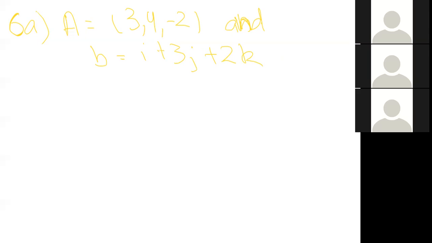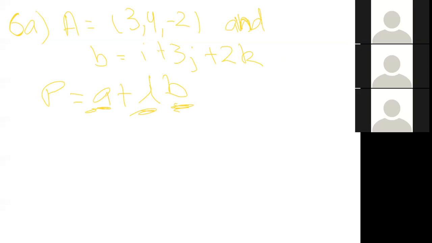So if you look at the notes, he has a bit of a formula where he says P is equal to A plus lambda B. So A is a point and B is a directional vector and lambda is some scaling factor, right? So to determine how long that line is.